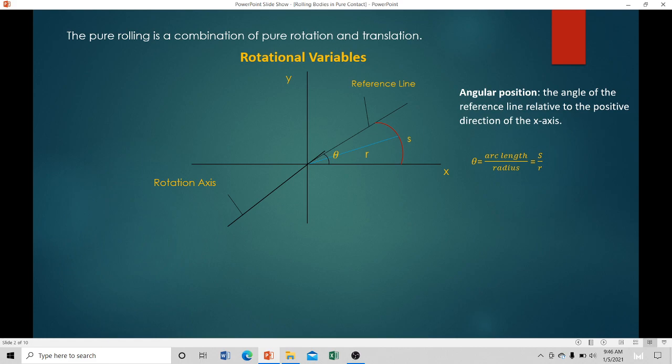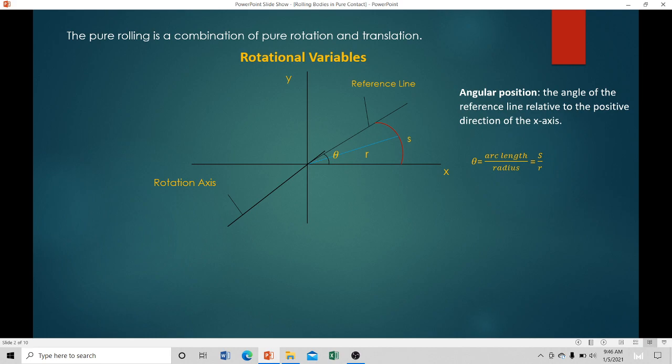For the equation, to get the arc length, we have theta is equal to arc length over the radius, or equals s over r.